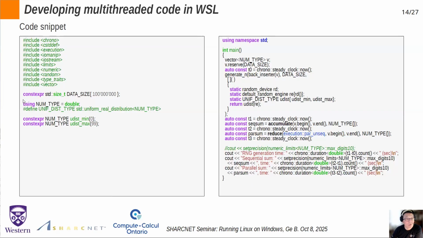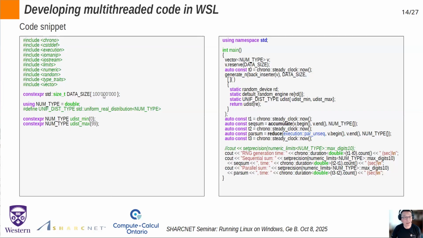So first, we define a data size, which is 100 million. And then we define the data type, and we define it to be double. And then we define the lower and upper limits. And here in the main program, we declare a variable v as a vector or array. And then we allocate a space.